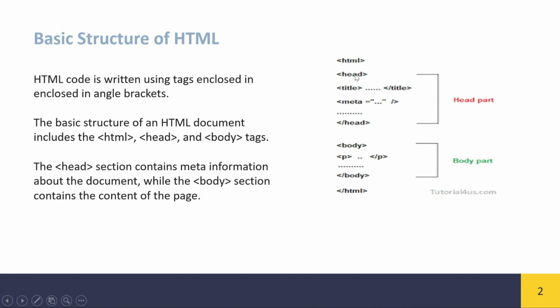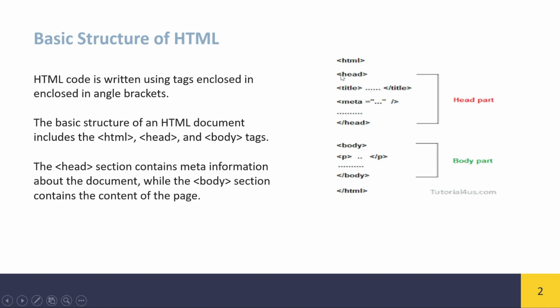See here, for every element there is a start tag and an end tag. Here see that HTML is the start tag, and we have the last one. This is the end tag of HTML. The end tag of HTML contains a less than symbol, a slash, HTML, and a greater than symbol.